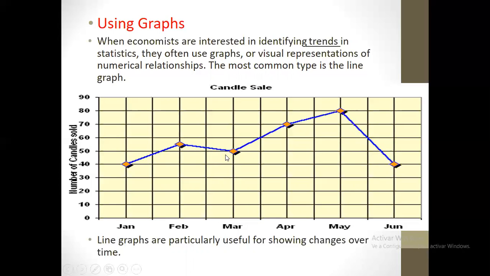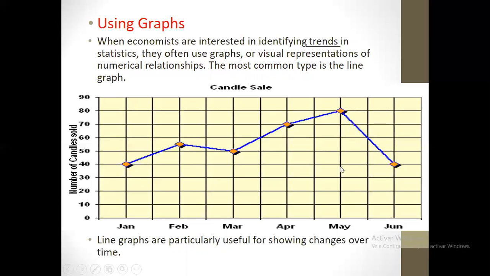It reduced. Now from March to April and from April to May, the whole production increased. I mean, the sales increased. That's what it means. See here, this graphic is telling you that during these months, the sales of the candles increased.